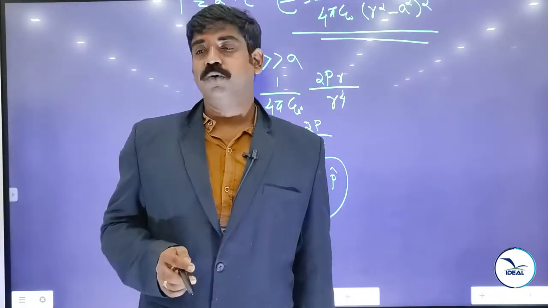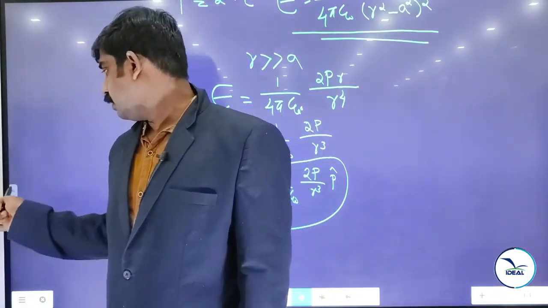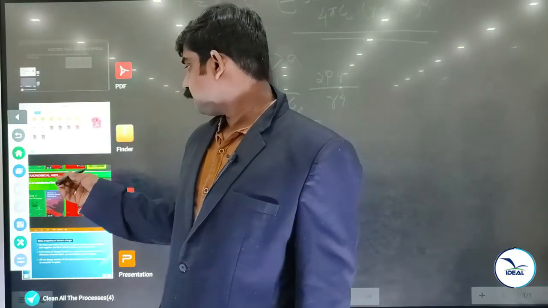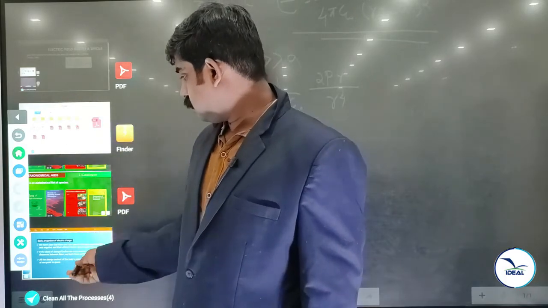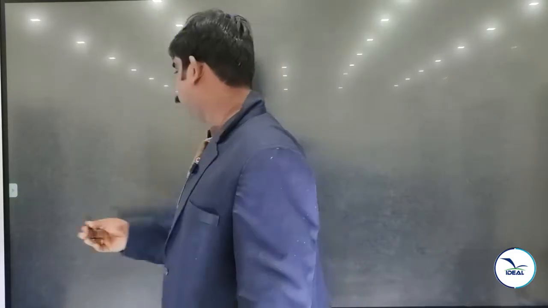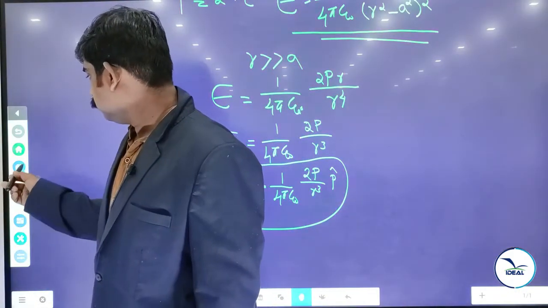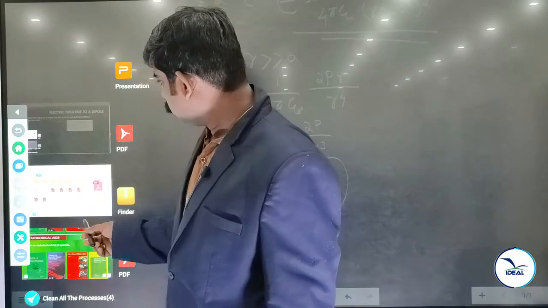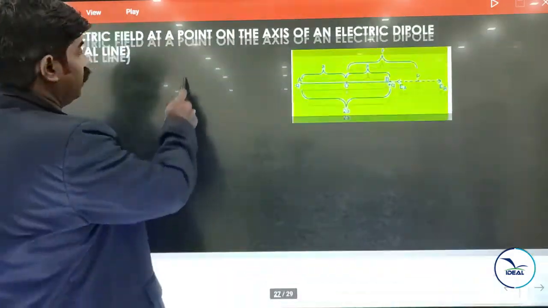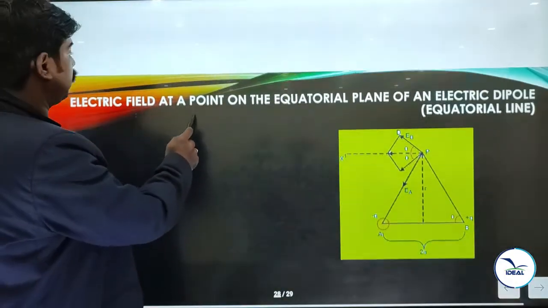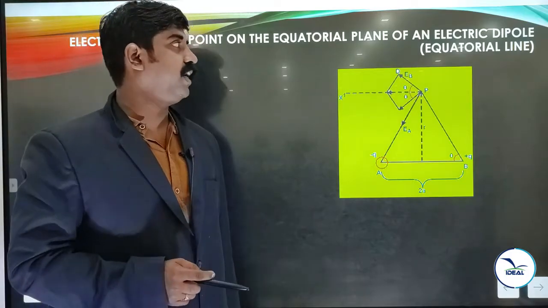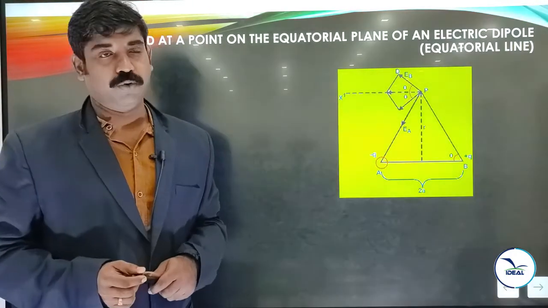Then we can move to our next topic, that is also related to dipole. The topic is electric field at a point on equatorial plane of an electric dipole.